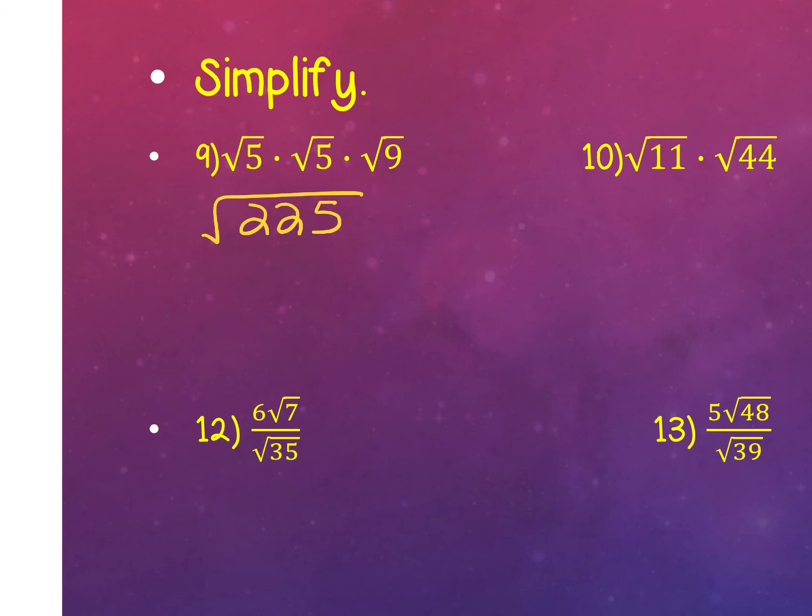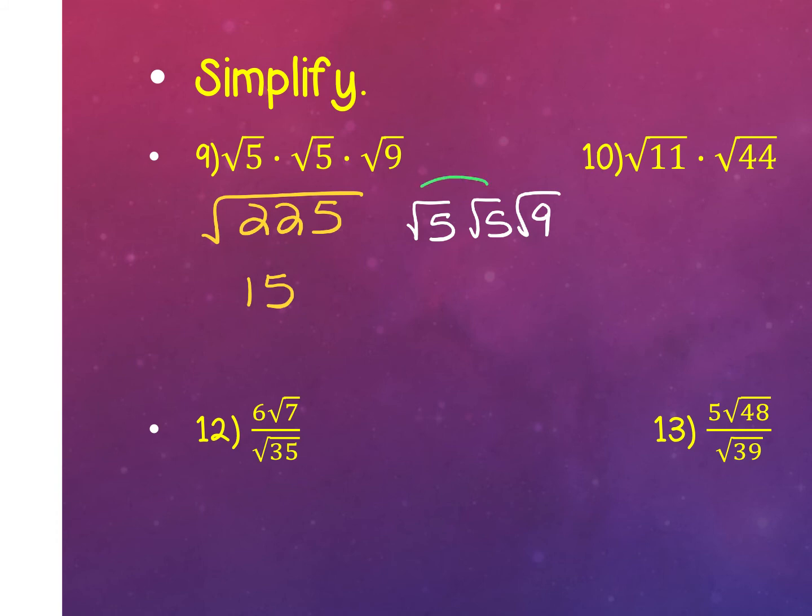Now 225 is actually a perfect square. It's 15 times 15. But the way that I recommend you do it instead is, let's rewrite the problem. Instead of multiplying 5 times 5 times 9, start by breaking down the numbers before they're multiplied. Or if you see pairs, pair them up and take it out of the radical.